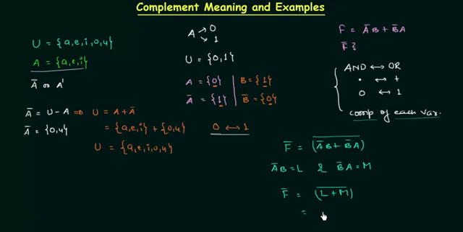So L is going to be L complement. This plus we have to replace with dot, which represents we are converting OR to AND, and M will now be written as M complement. If you have A, replace it with A complement, and if you have A complement, replace it with A. This is what we have to do, and we have already done this. L is now written as L complement, M is now written as M complement.